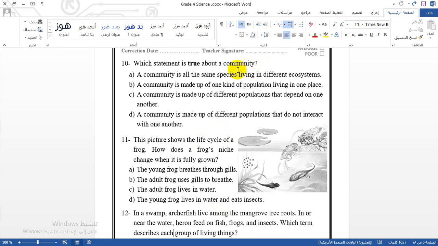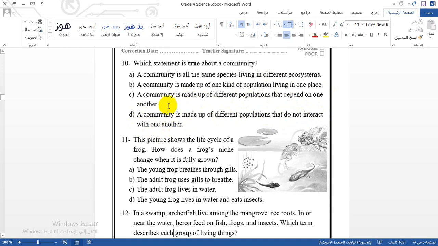Or a community is made up of one kind of population living in one place? Or a community is made up of different populations that depend on each other? Or a community is made up of different populations that do not interact with each other?